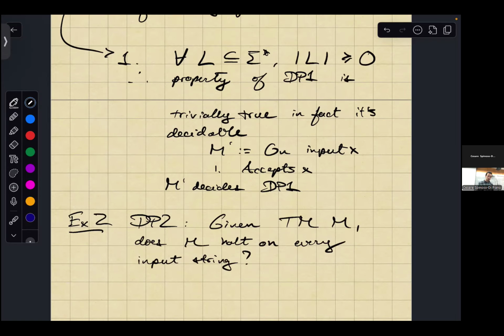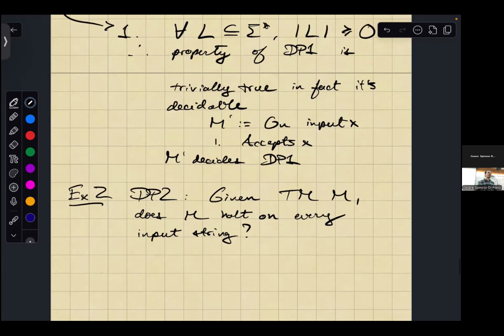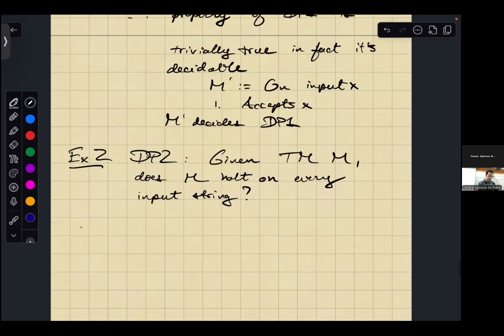So this is decision problem 2. Now I want to see if I can use Rice's theorem to show that it's undecidable. The first thing I need to check is, is it non-trivial? In this case, yes, it's going to be non-trivial. I can define two Turing machines, one where the answer to the decision problem is yes, and another one where the answer is no.